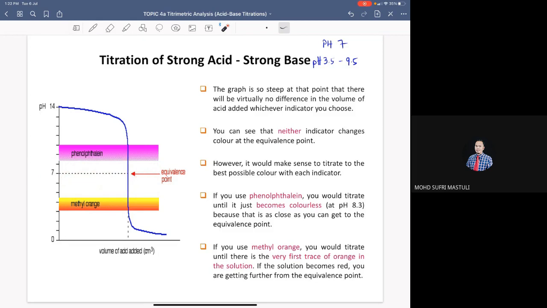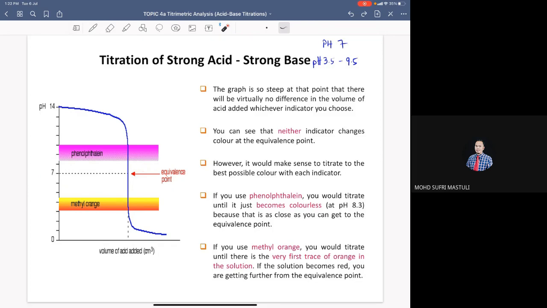However, it makes sense to titrate to the best possible color with each indicator. For example, if you want to use phenolphthalein, you would titrate until it just becomes colorless, meaning it is just at the border, from purple into colorless, or from colorless into purple.